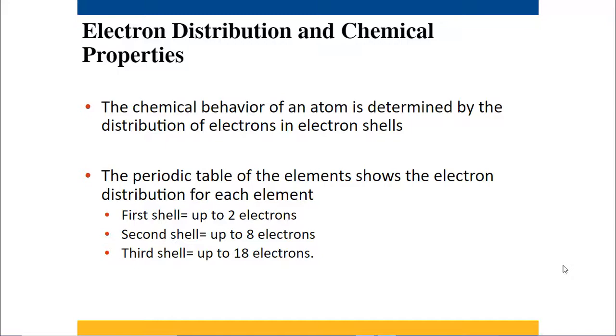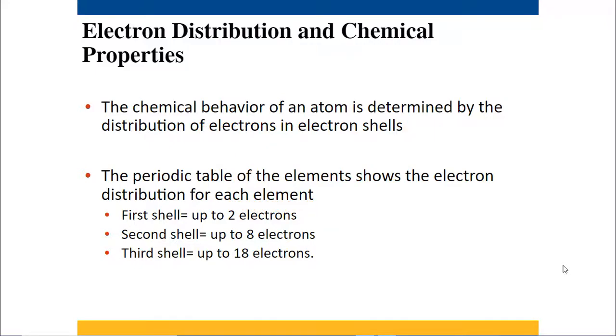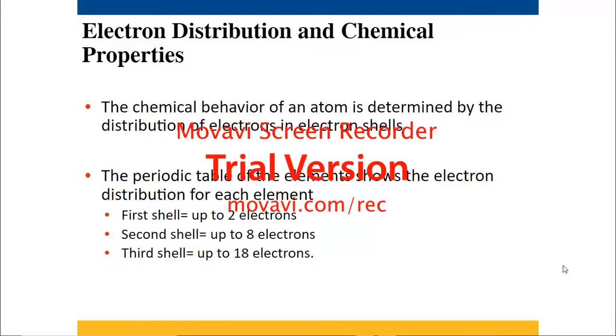As soon as the electrons achieve their most stable energy level, the atom will no longer want to react in chemical reactions. So understand that chemical reactions are driven by electrons trying to reach the most stable energy level.